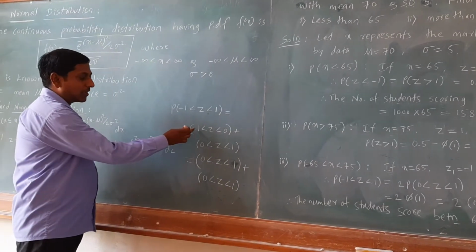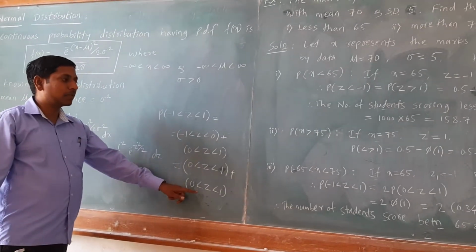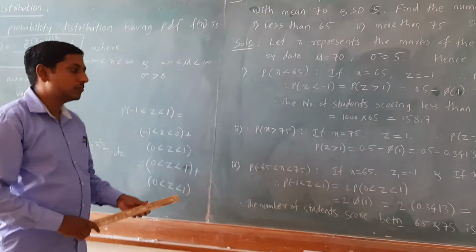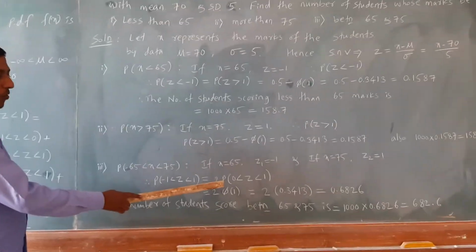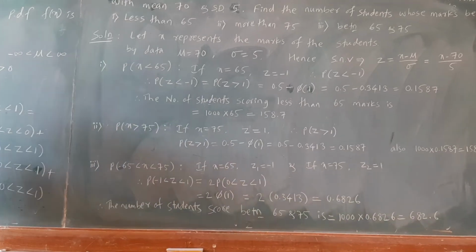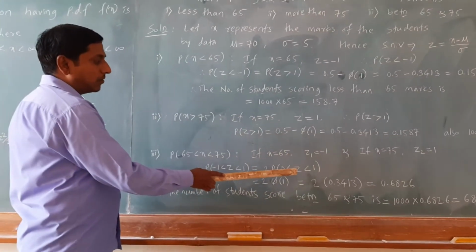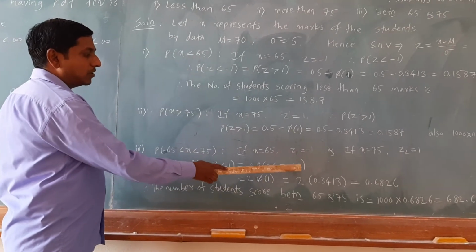So here we convert minus into plus, and we get 2 times the same value: 2 into probability of 0 less than z less than 1. Then in the normal distribution table we calculate phi of 1.